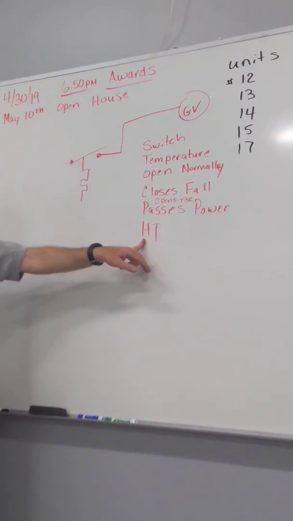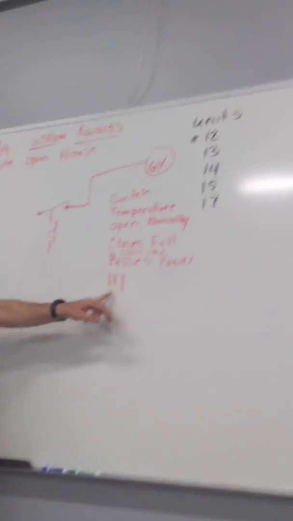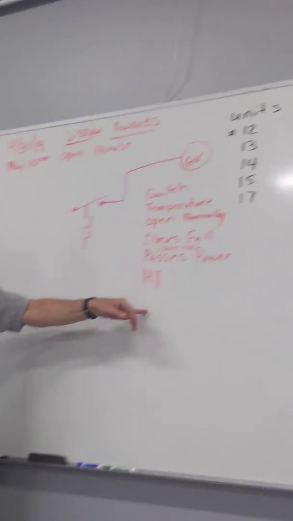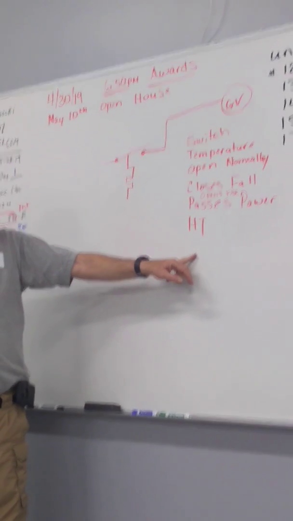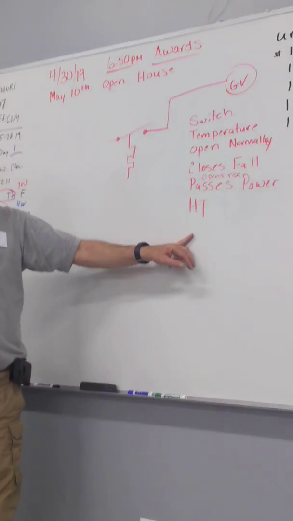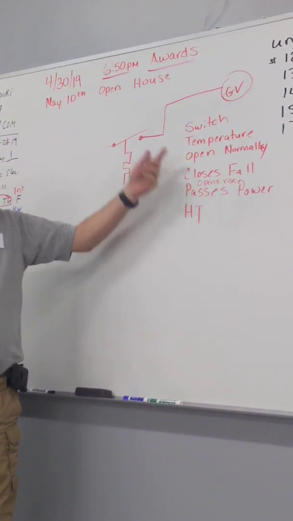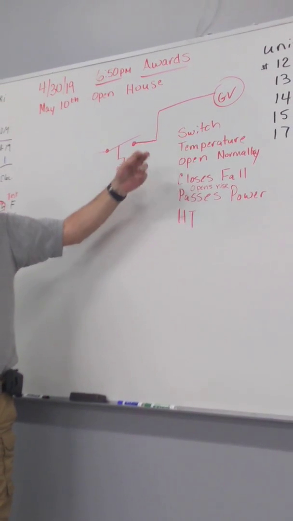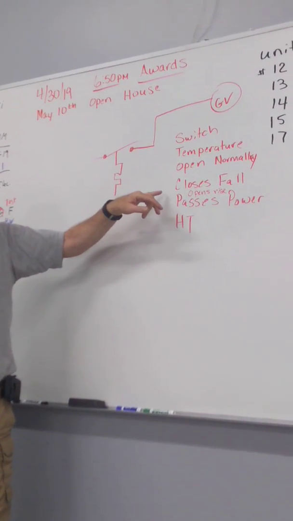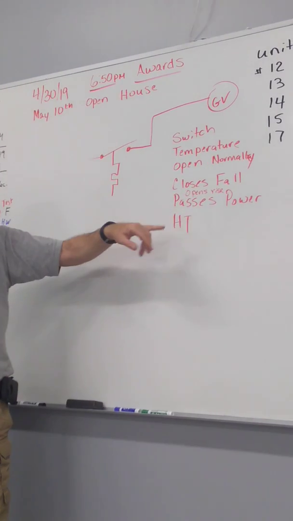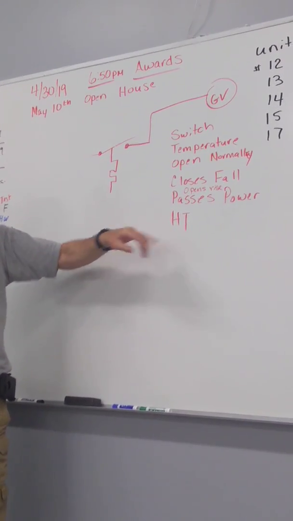Passing power, it's a heating thermostat. It would work as a heating thermostat. What else? Mr. Flowers, do you think anything else on this? It's a heating thermostat. We started with: it's a switch, temperature switch, normally open, closes on a fall, opens on a rise, passing power, heating thermostat.